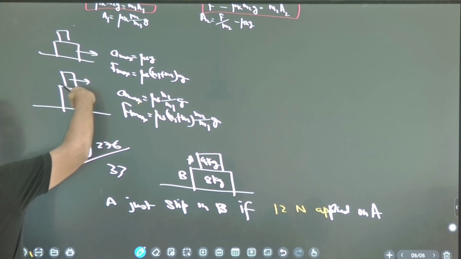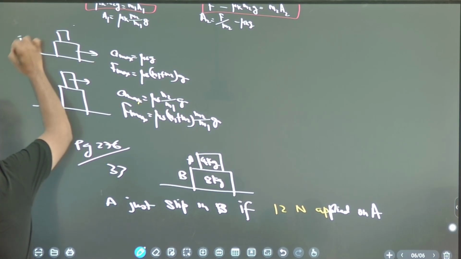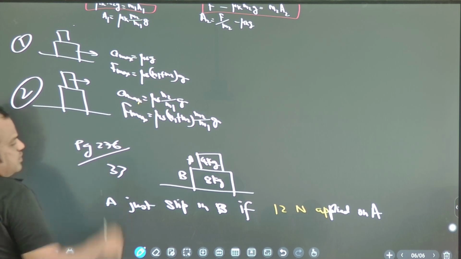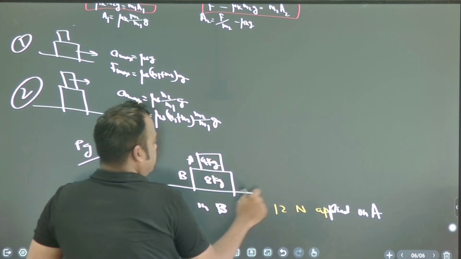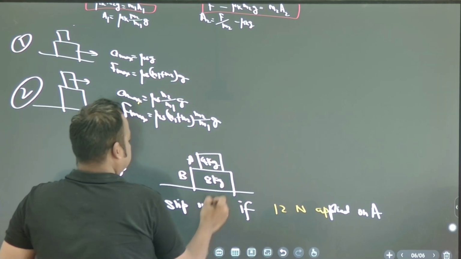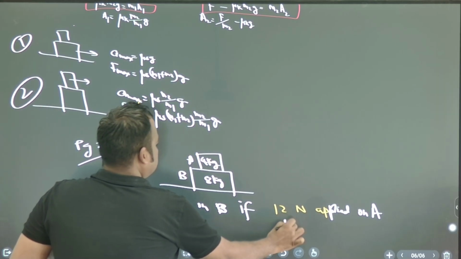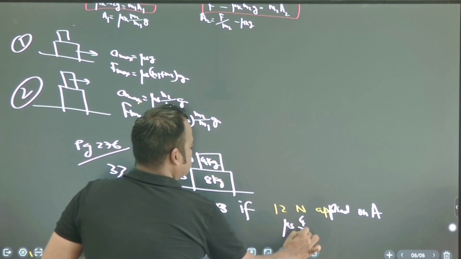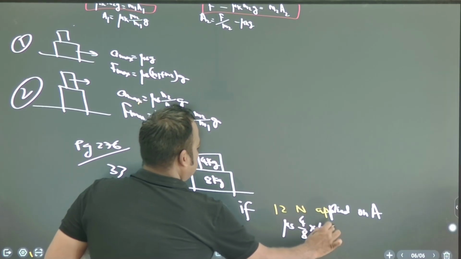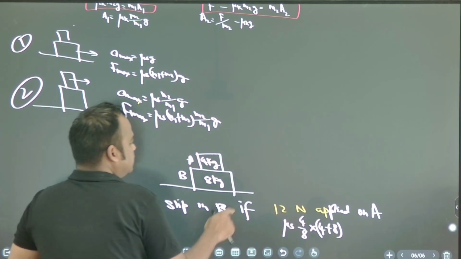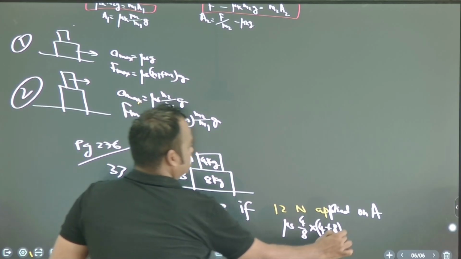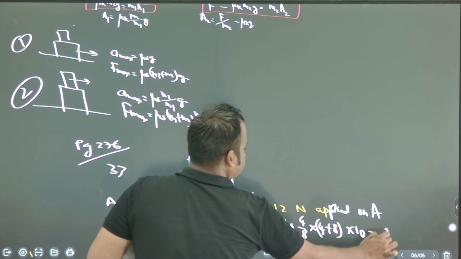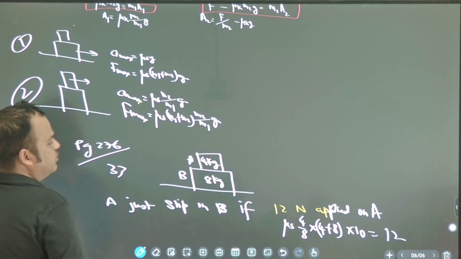Which case? Second case. So what is the formula for F? Mu s (M1 plus M2) into M2 by M1 into 10. This value is given as 12.